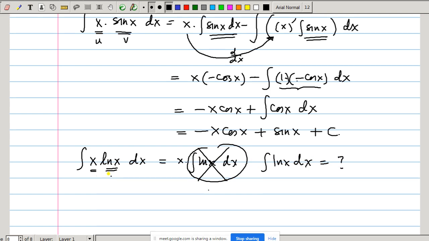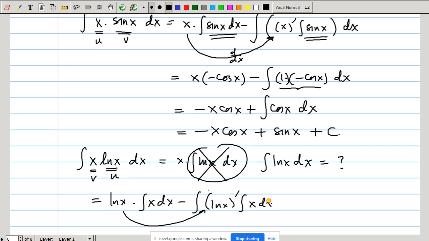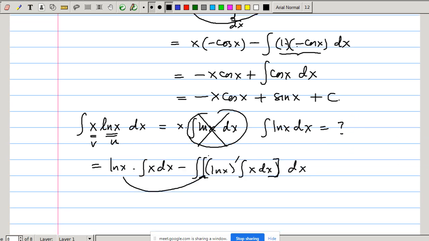What I can do, I can take log x as u and this as v. So u as it is, integral of v dx minus the derivative of log, derivative of log, integral of v dx, and then we integrate outside the bigger one. Now you will see it will work.